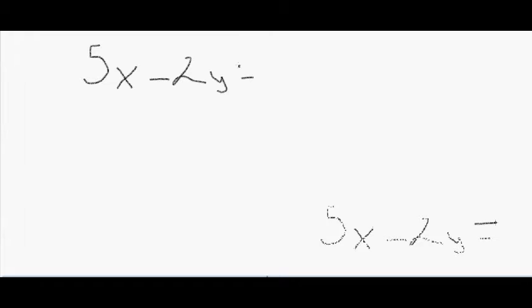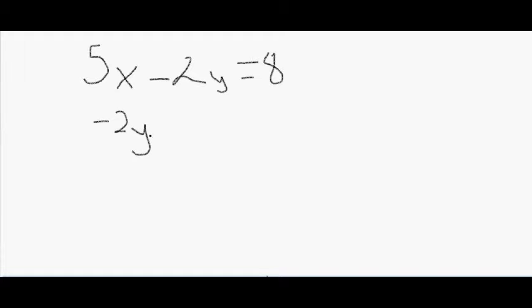Next is numbers 43 to 44, which asks us to find the slope of a line. Let me change the problem up a little bit. Let's say it's 5x minus 2y equals 8. To find the slope, we have to get y by itself, so we'll have negative 2y equals, subtracting 5x from both sides, negative 5x plus 8.